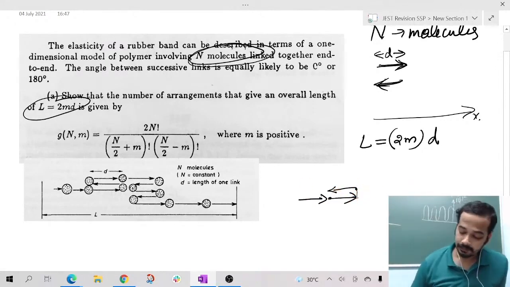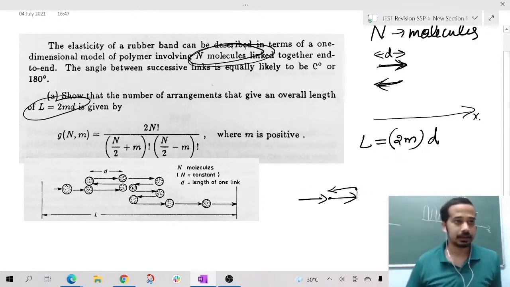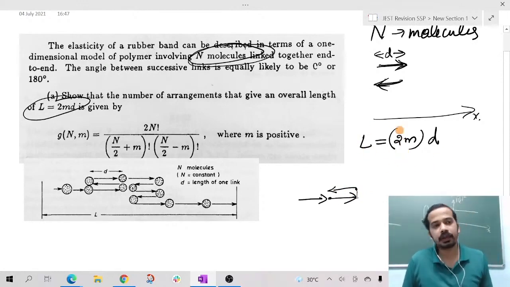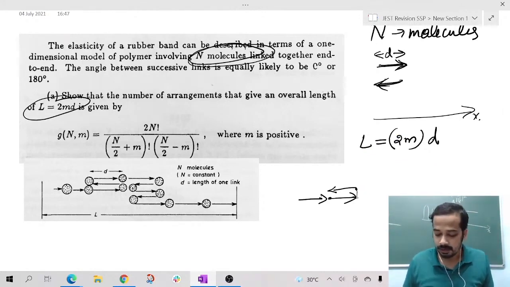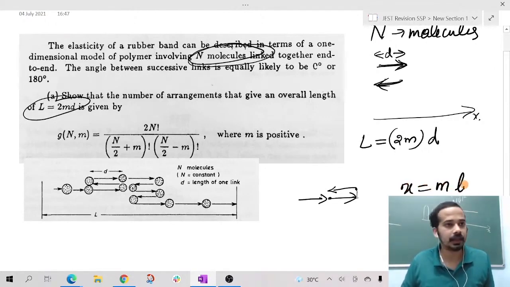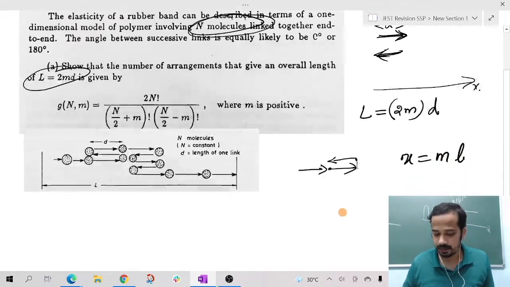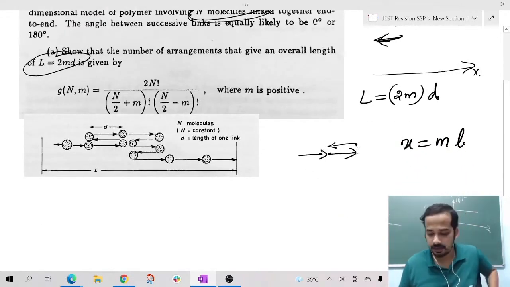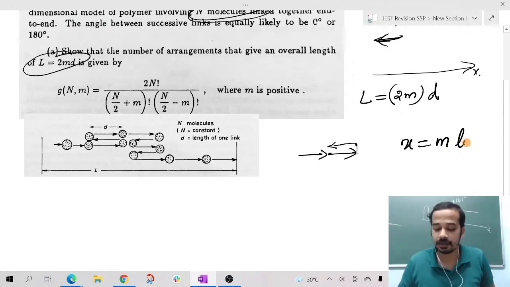So what will decide the length? Here the length is very similar to the total displacement we have in our random walk problem. Do you remember, in the random walk problem, x is equal to m into l, where l is the length of each step?